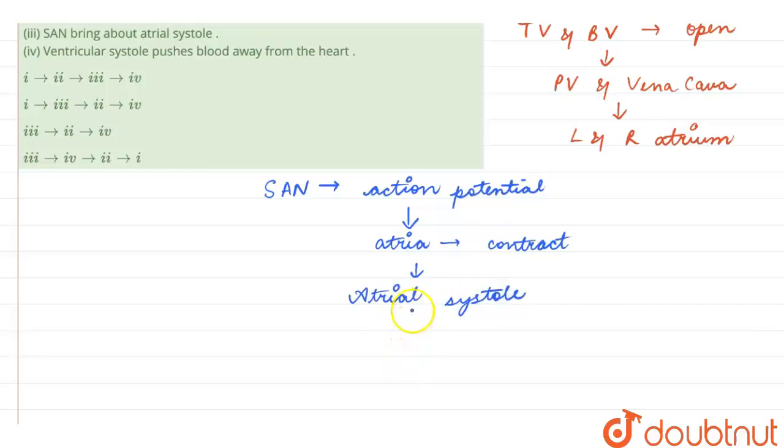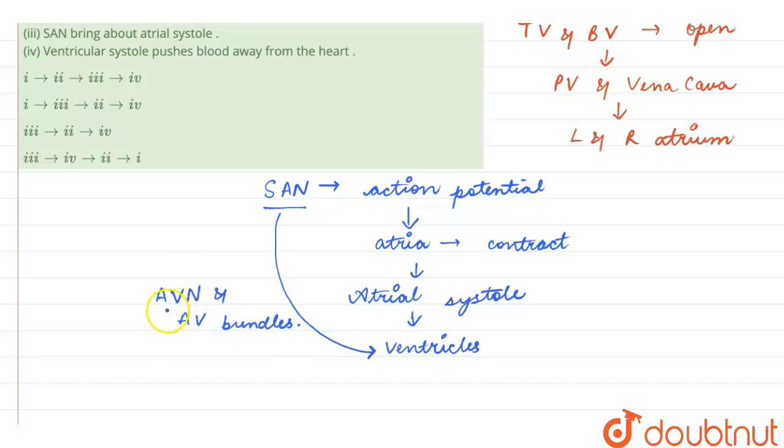Now this will increase the blood flow towards the ventricles, right? And now this action potential that was created by the SAN is brought to the ventricle side through the AVN and AV bundles.